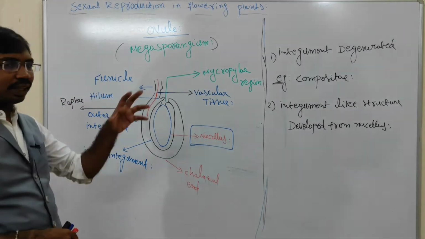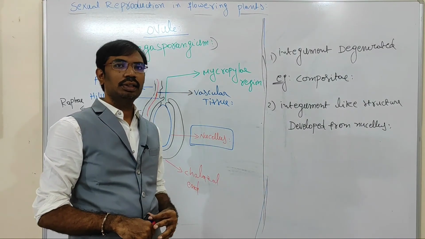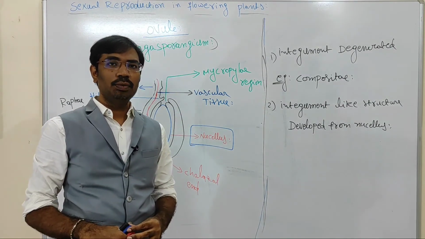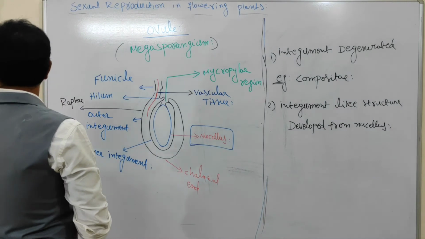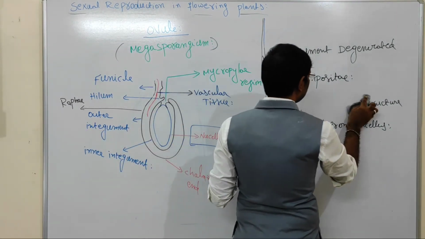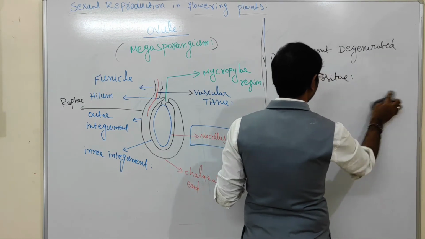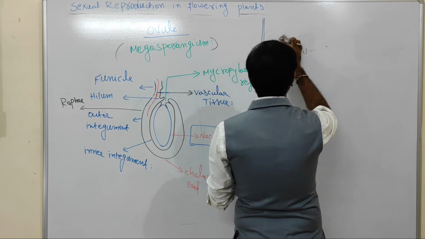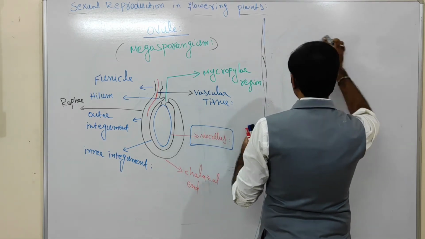Special kinds of ovules are also there. This is the general structure, and I will discuss some special types of ovules. Some plants contain a third integument.